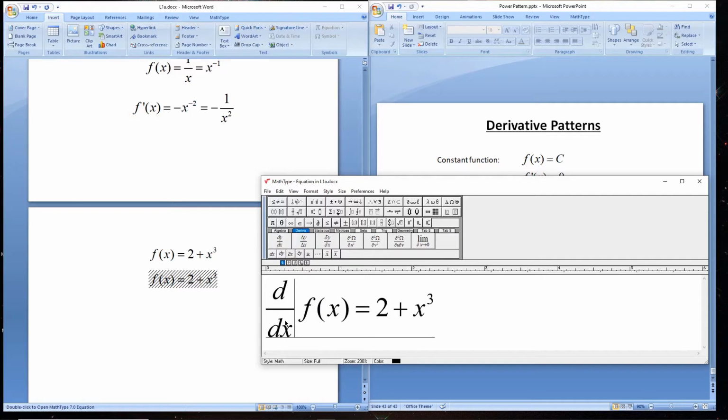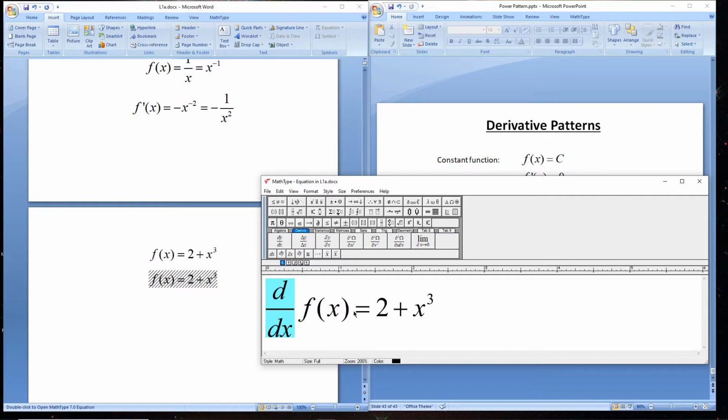And this notation here that you will see going forward, this d over dx, is called an operator, and operator has to deal with some more advanced math stuff you'll see in the future. But for now, d over dx is simply an instruction telling you to take the derivative.